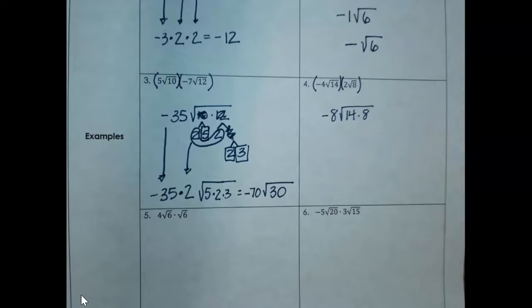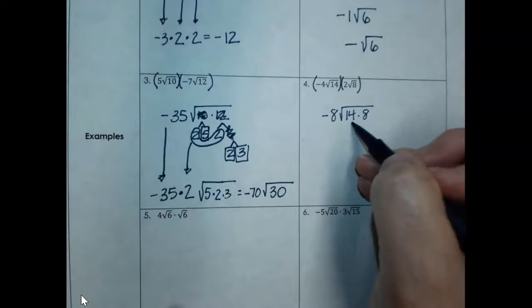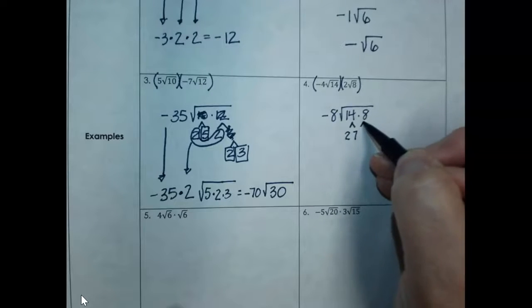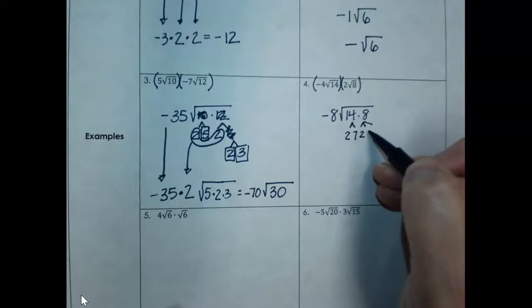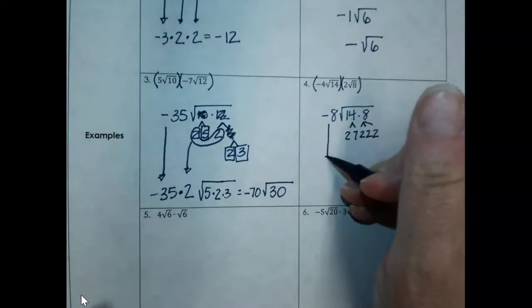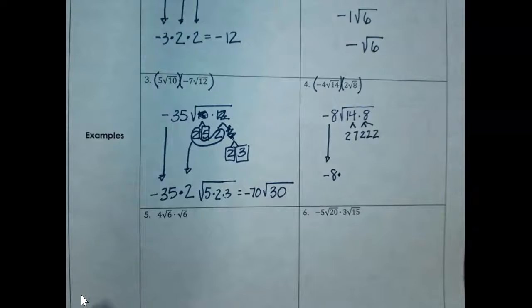We could multiply those together, but we're going to end up breaking them right back down again, so it's easier at this point to do this. So let's start breaking these down. 14 is 2 times 7, and 8, my favorite one, I always remember it, 2 times 2 times 2. I have a negative 8 on the outside, and it's going to multiply to anything else that comes out.